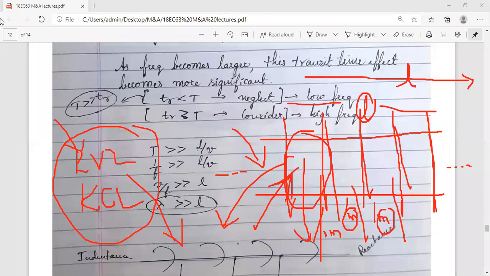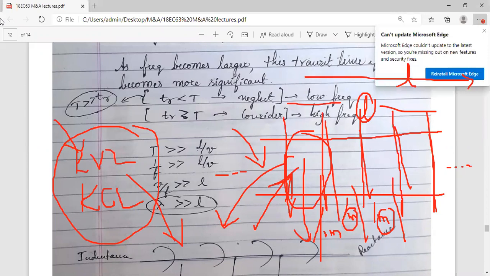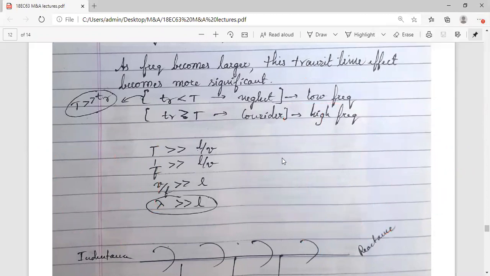You cannot neglect the transit time effect. So with a little adjustment, dividing your complete transmission line into smaller units per unit length, you can apply these laws. Fine. I hope you understood this much. With this, let me just draw one more figure before showing you the next slide.